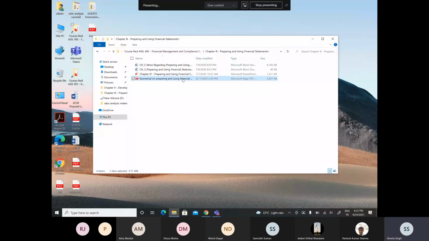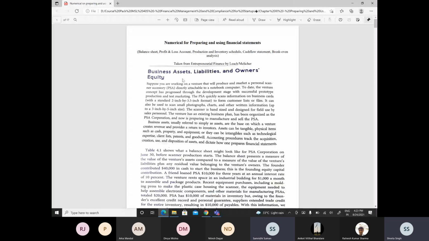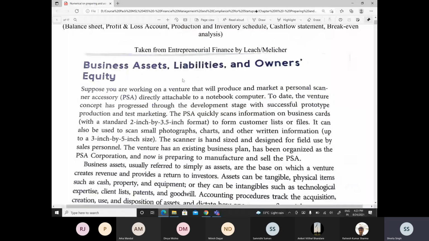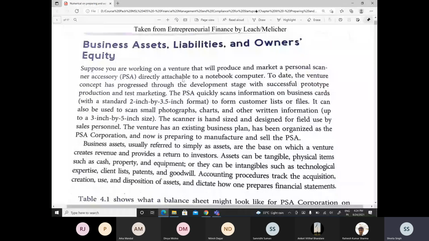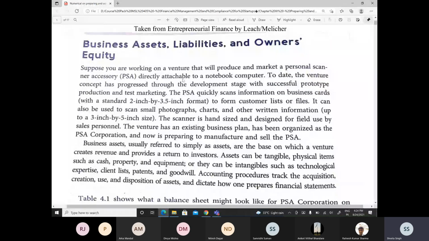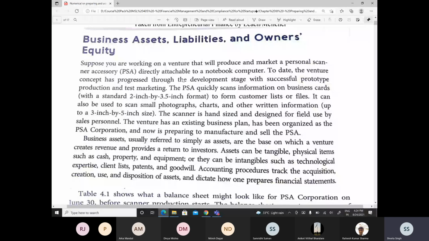Samriddhi, is this visible? This is fine. Yes, ma'am. Okay, great. As I told all of you, this case study and the startup questions that we will do will be what you focus on for the purpose of this course, for the purpose of exams. Okay, so let us look at this.